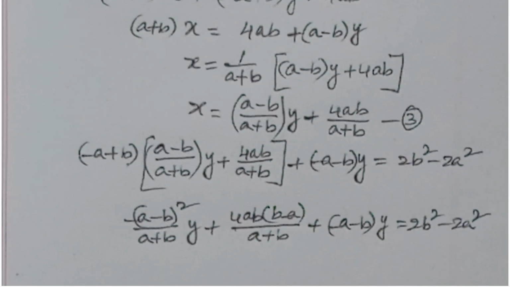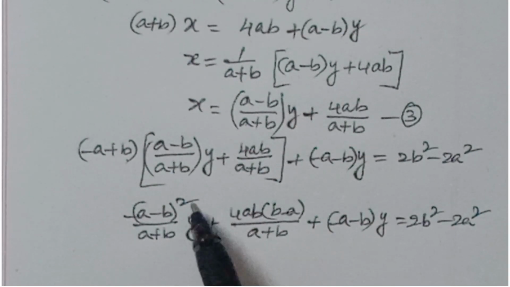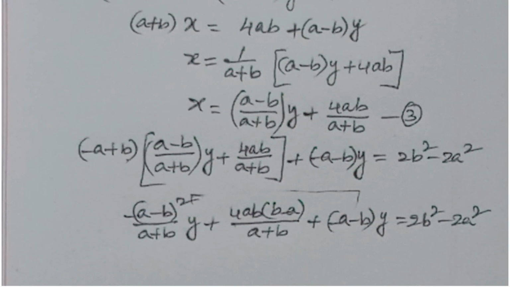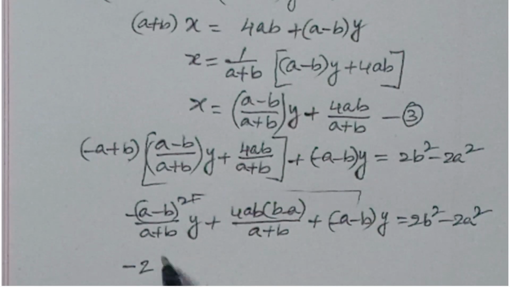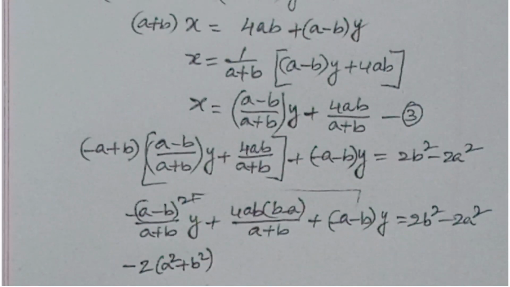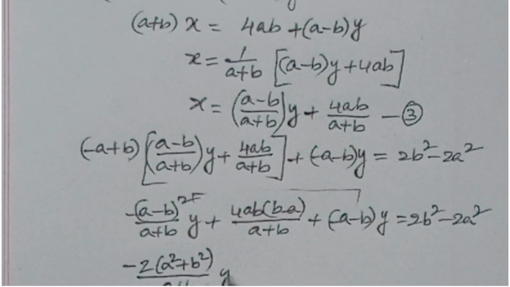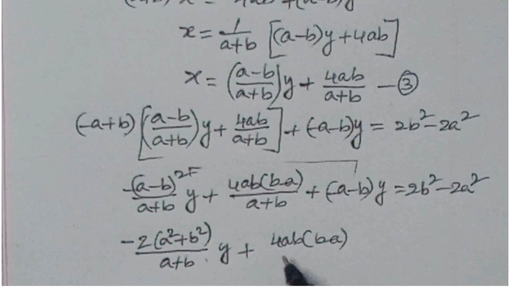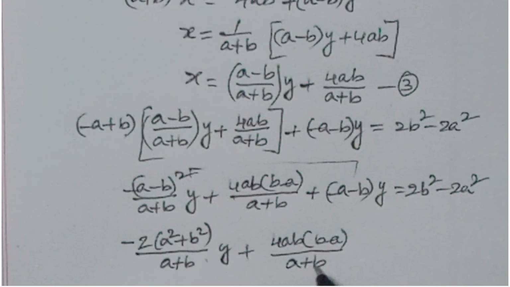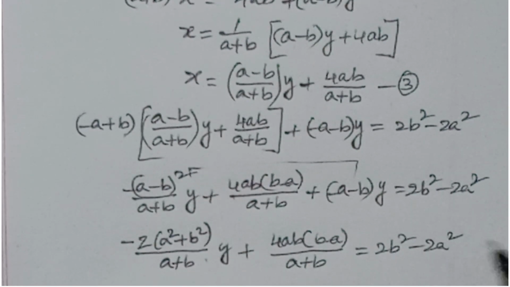Now if you add these two values, here you will get -2(a²+b²)/(a+b) y plus 4ab(b-a)/(a+b) is equal to 2b² - 2a².